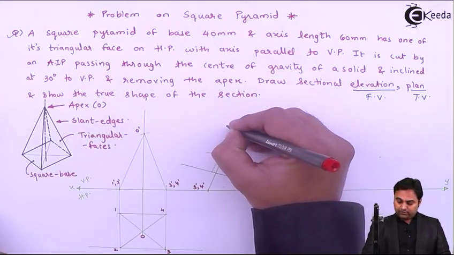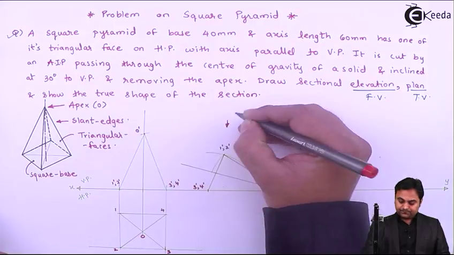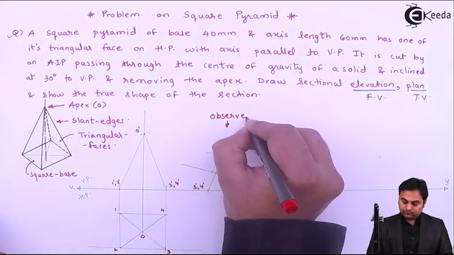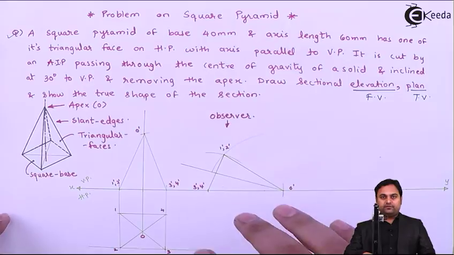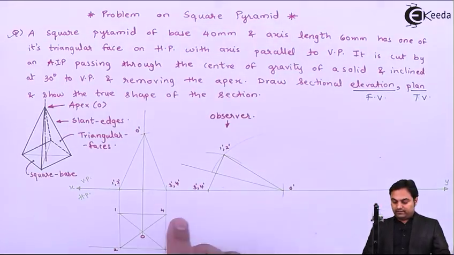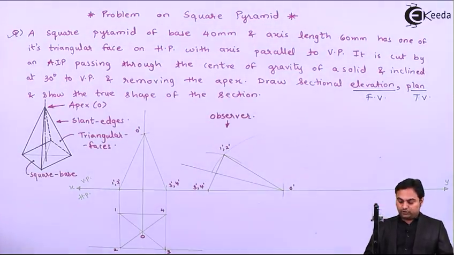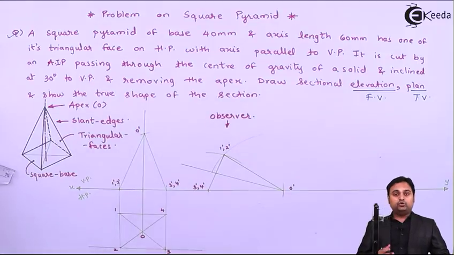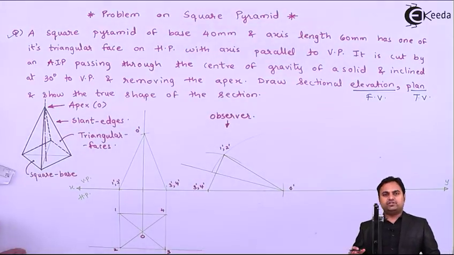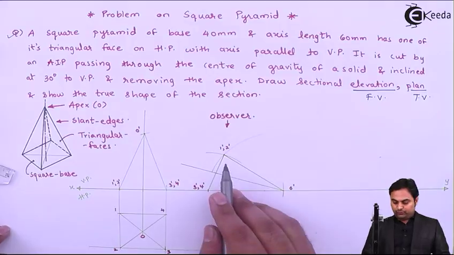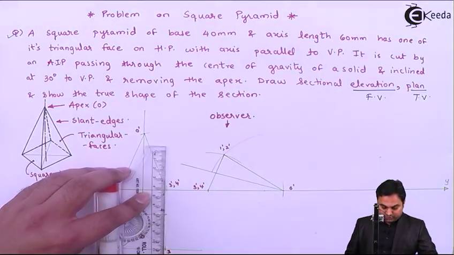Now looking from top, I'll be projecting its top view, that is looking at the front view from top, and for that those points need to be projected first which are closer to the observer. So points 1 dash, 2 dash are closer.